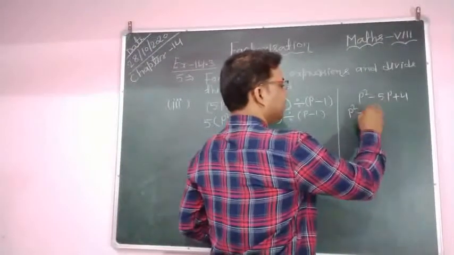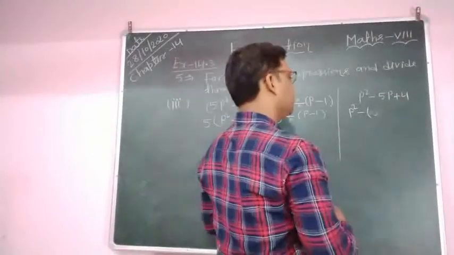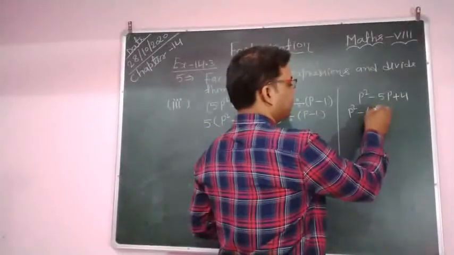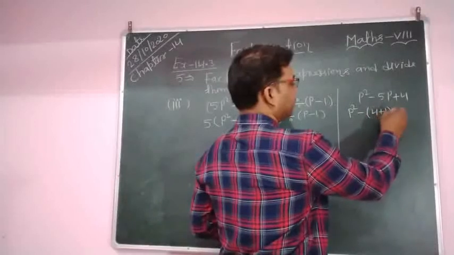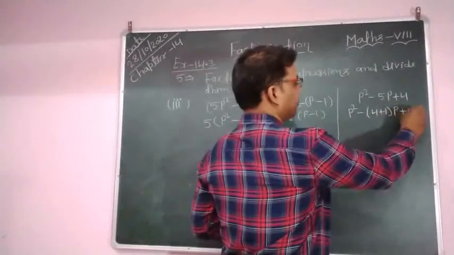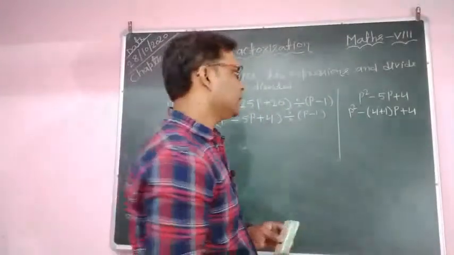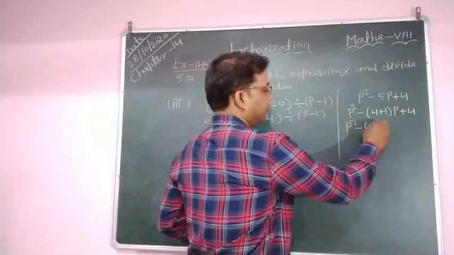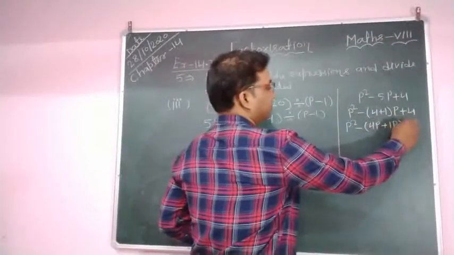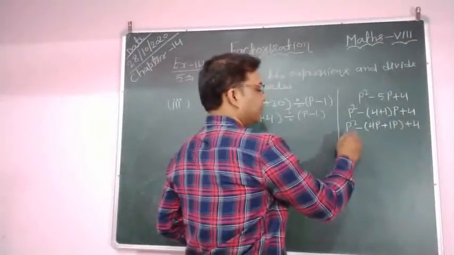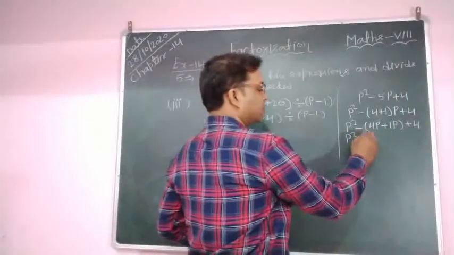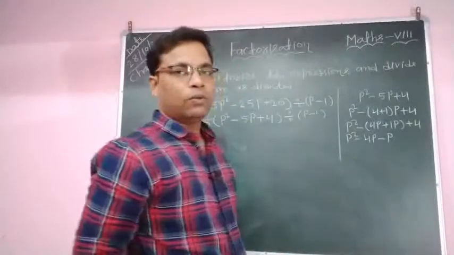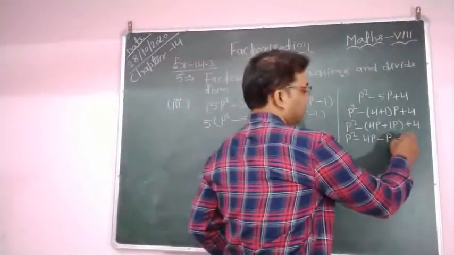Now you can write p square as it is, minus 5p broken as 4p plus 1p. When you open the brackets you obtain p square minus 4p minus 1p plus 4.